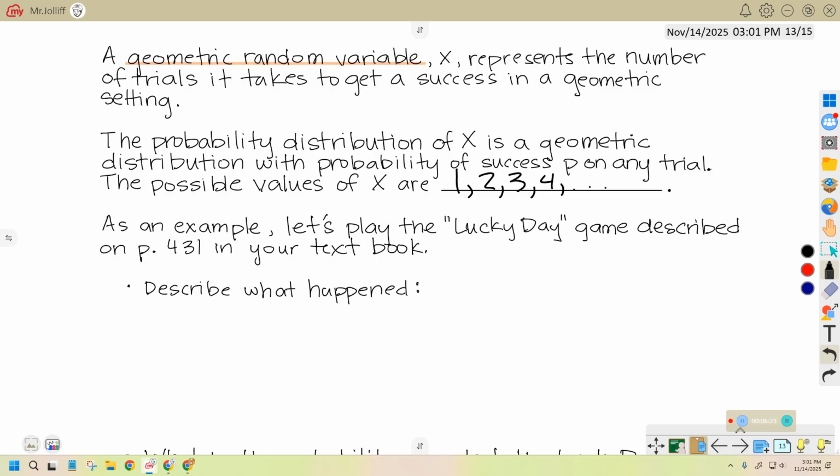Here's how it works. A student will be selected at random from your class and asked to pick a day of the week. Your teacher will then use technology to randomly choose a day of the week as the lucky day. If the student picks the correct day, the class only has one homework problem. Yay! If the student picks the wrong day, we repeat the process.